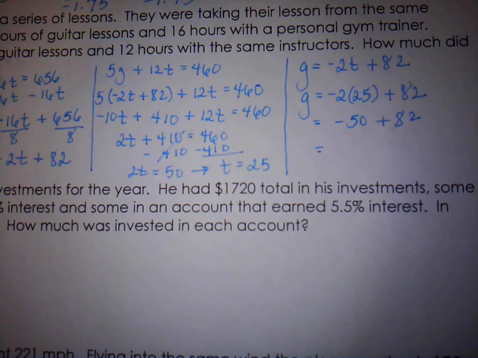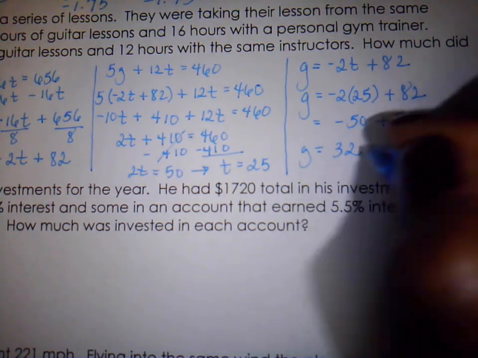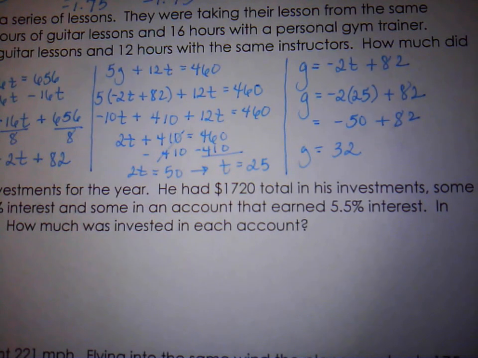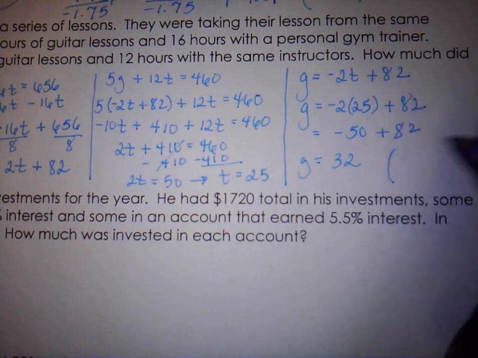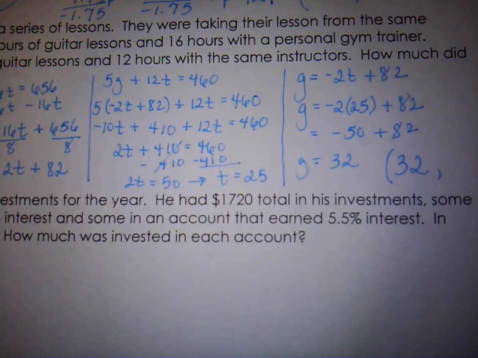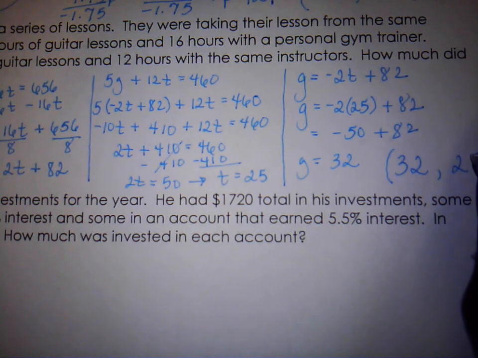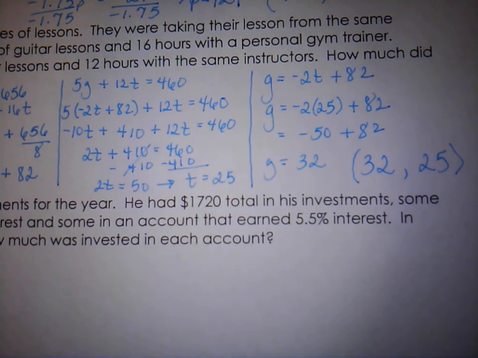What is that, 32? So G is equal to 32. And since G came first in our equation, I'm going to let this be our coordinate, 32 comma 25. And that'll be our final answer. Any questions or concerns? This should start feeling old at this point, y'all.